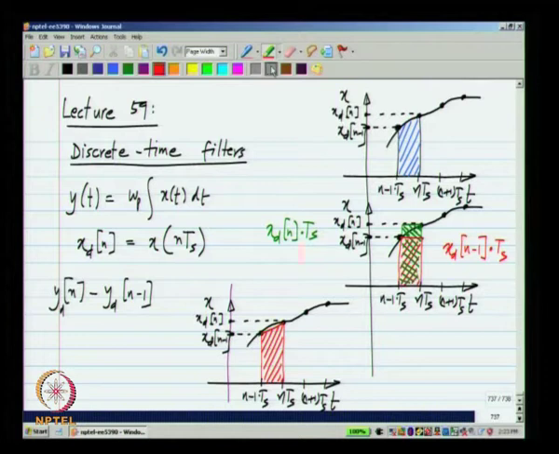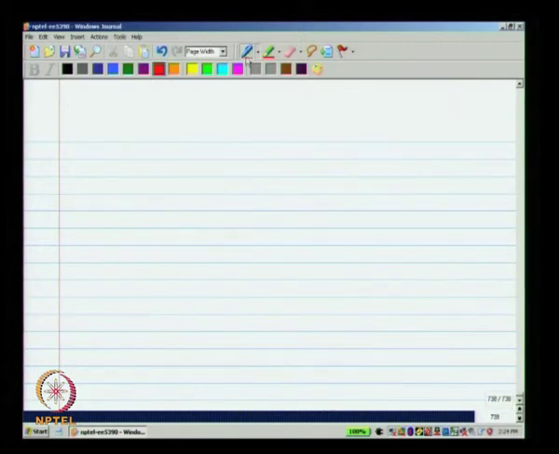You can see that it was basically the average value of x_d of n minus 1 and x_d of n times the width. So, it is (x_d of n plus x_d of n minus 1) times T_s by 2. That is the area of this quadrilateral. Based on these we can make our approximations.